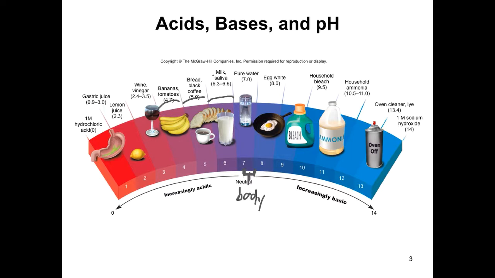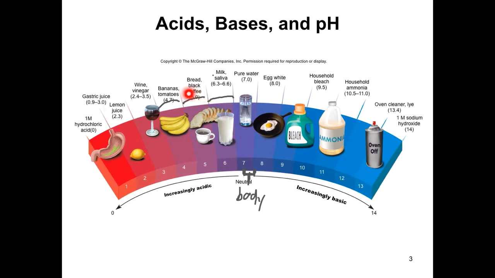If tomatoes have a pH of 4, then that means that they have 10 times as many hydrogen ions as coffee, which is 100 times as much as milk. If lemon juice is down at 2, say, then that means that it has 100 times as much as tomatoes, which means it has 10,000 times as many hydrogen ions as milk does.